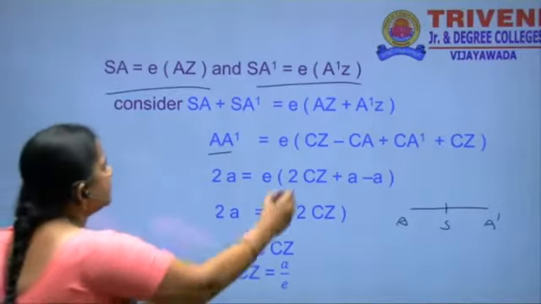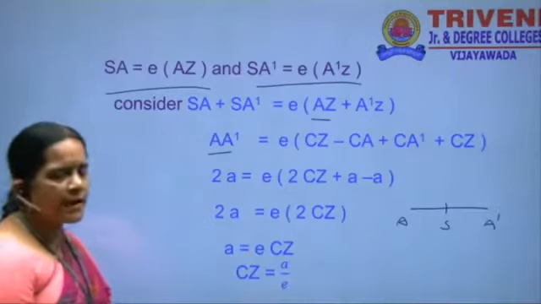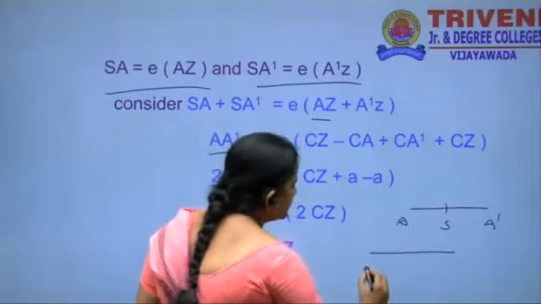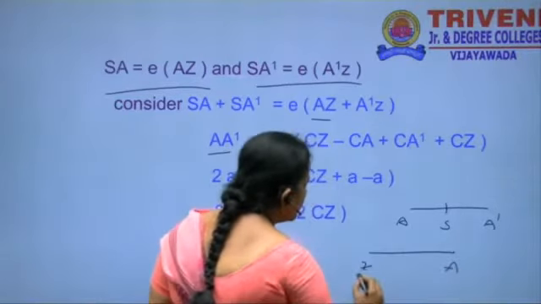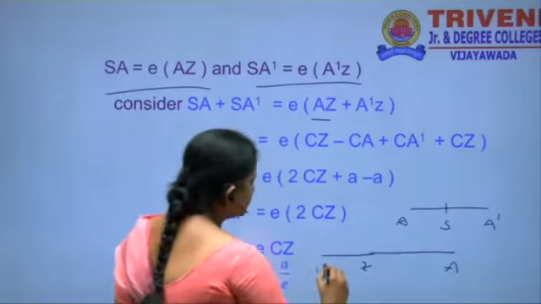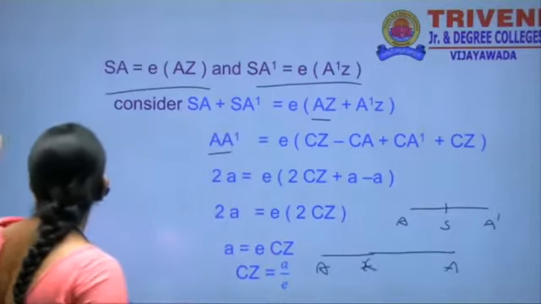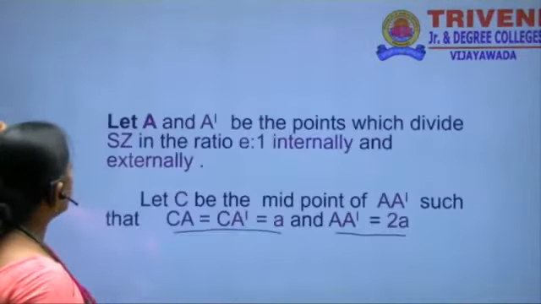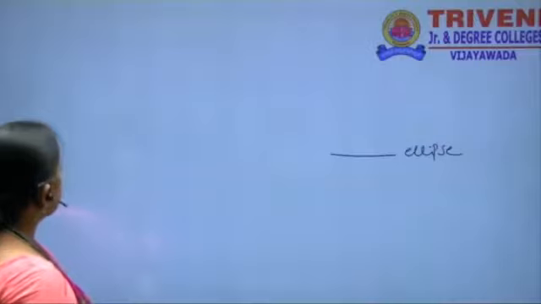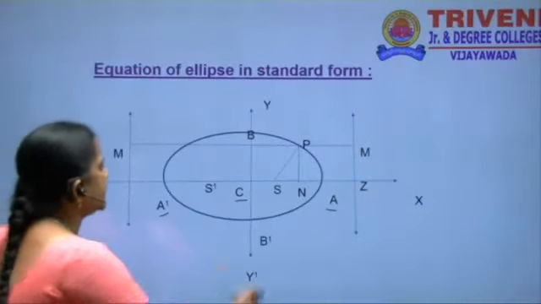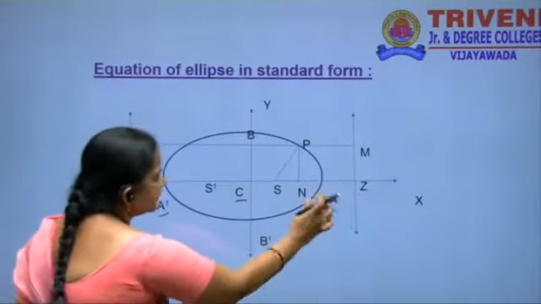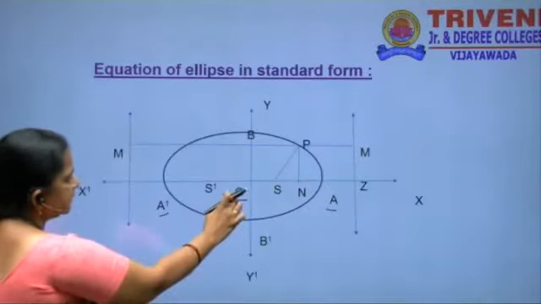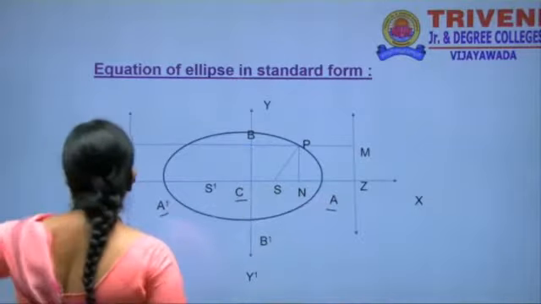In the diagram, AZ is nothing but CZ minus CA, and A dash Z is nothing but CA dash plus CZ.